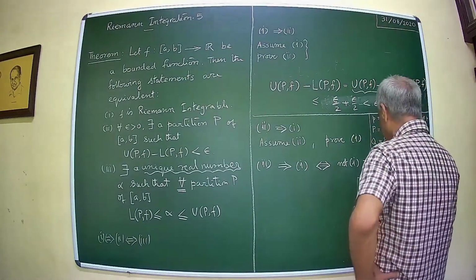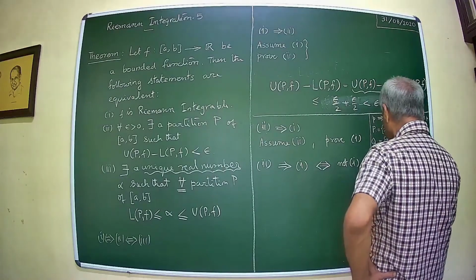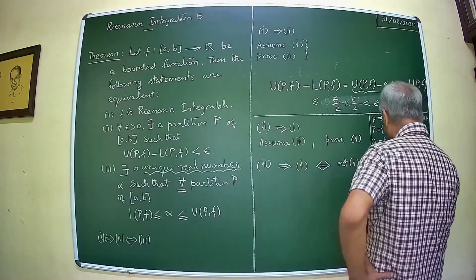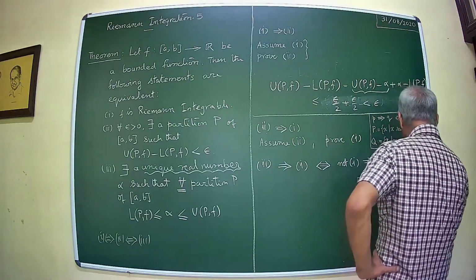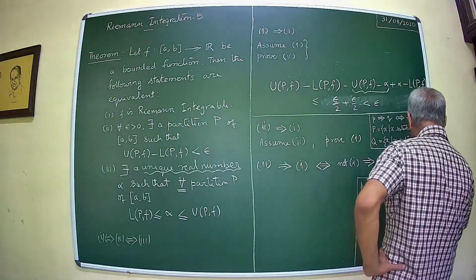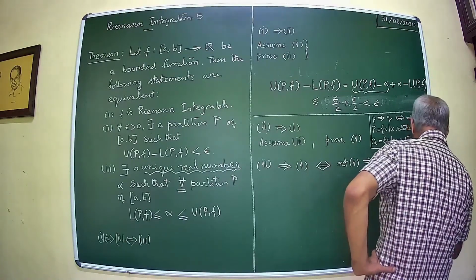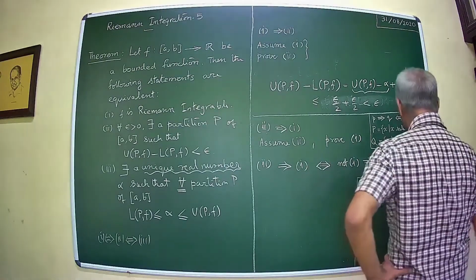P implies Q means capital P is contained in Q. That means you have a universal set U in which both are placed.